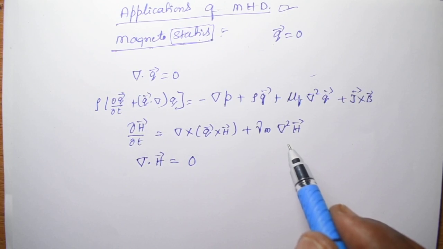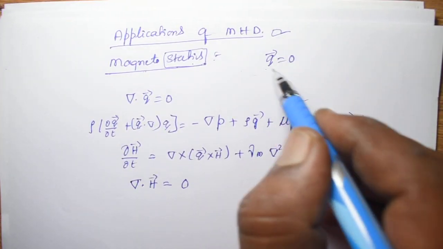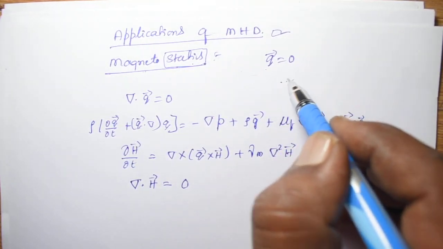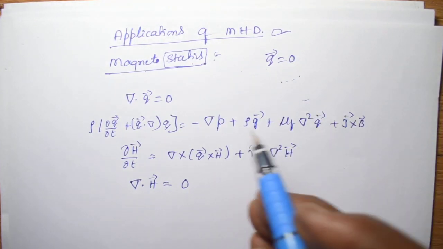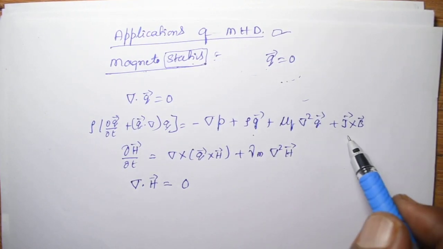By the definition of magnetostatics, the fluid is at rest. It does not mean that there are no forces acting on the system. It means that there are forces acting on the system and the total force is 0, meaning the balancing of forces. The forces are the pressure force, the gravitational force (body force), and the Lorentz force.